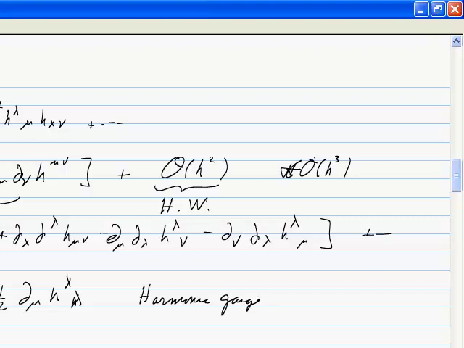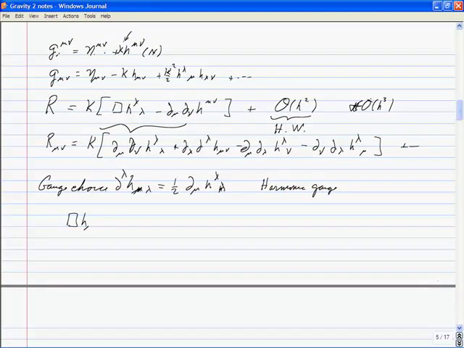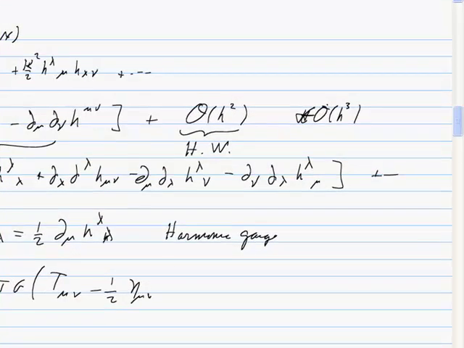Then the equations of motion reduced to box h mu nu is minus 16 pi G times T mu nu minus 1/2 eta mu nu T lambda lambda, the trace.